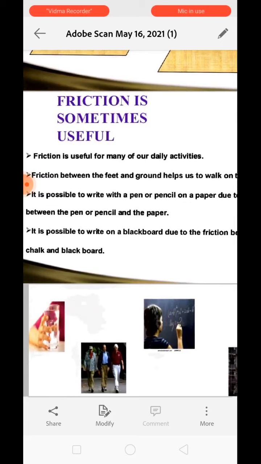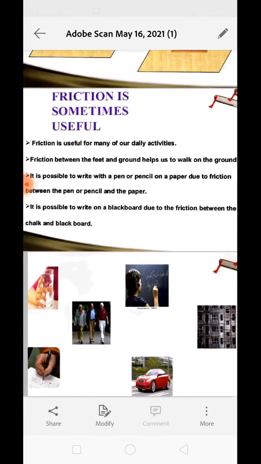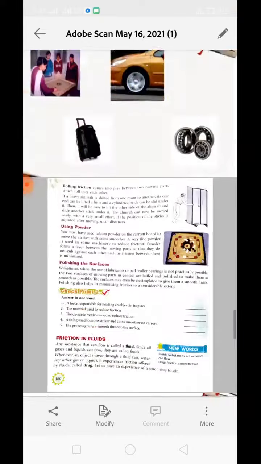It is possible to write with the pen or pencil on the paper due to friction between the pen and paper. It is possible to write on the blackboard due to the friction between chalk and blackboard. It is easy to run the vehicle on the road because of the roughness present on the wheels and the road, or because of the friction which is caused between the road and the wheel, etc.